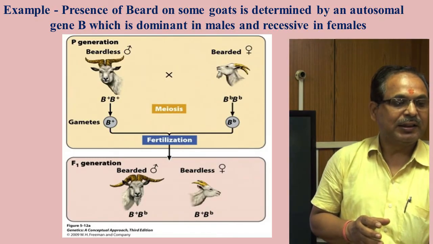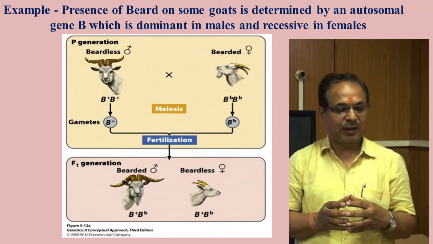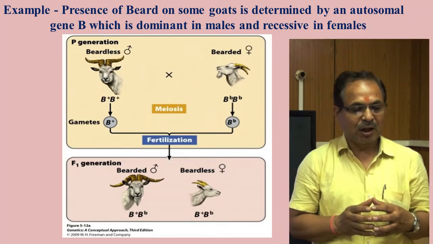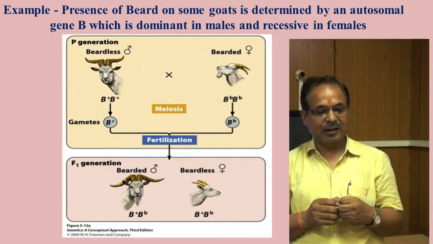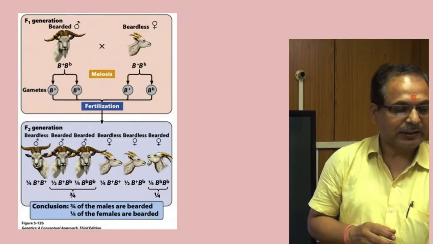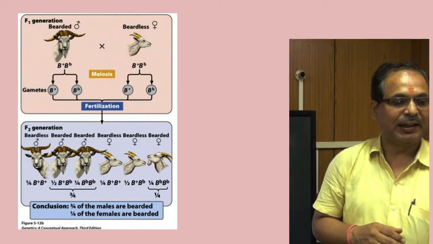But in the F2 generation, we observed that 3/4 of males were bearded and 1/4 of females were bearded. So the same 3:1 ratio is observed as in the Mendelian ratio.